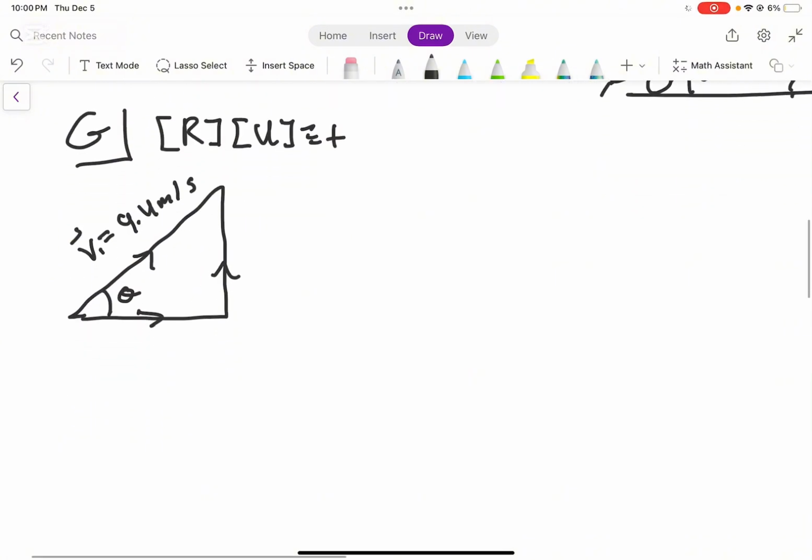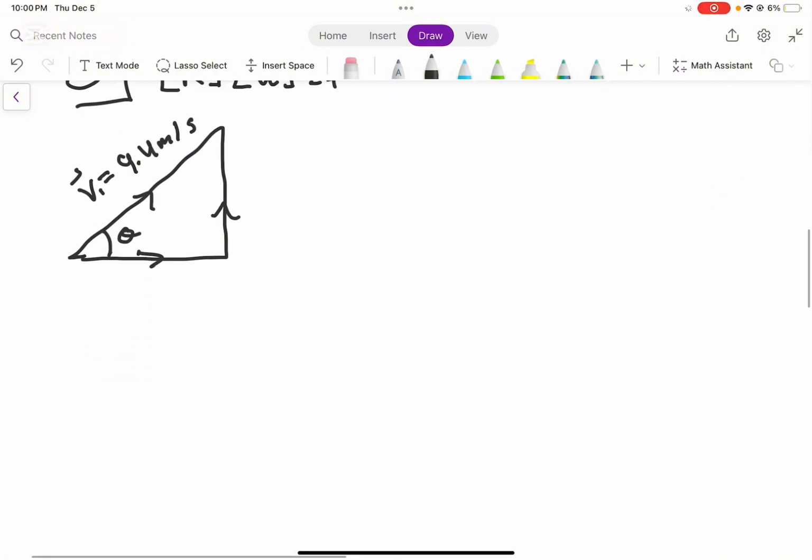And we can label that as our v1. Then we have a vx and we have a vy. You don't necessarily need to include a vector here because we already defined the direction in our triangle, so we don't need to add vectors.